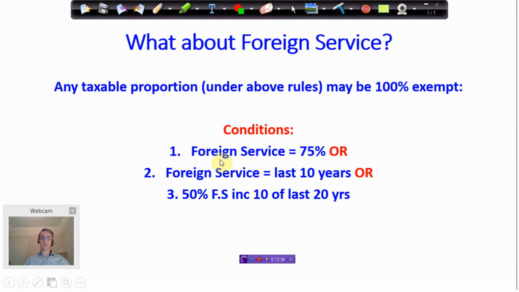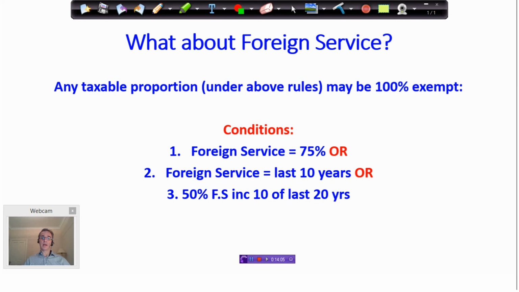Let's say it was the individual John. We've done our three calculations for the basic, the increased basic, and the SCSB, but we also see that John has had some foreign service. Under condition 1, if John's foreign service is more than 75% of total service, then the amounts shown as taxable are completely exempt.